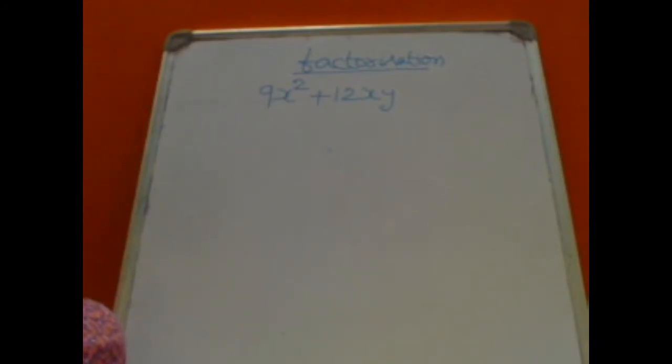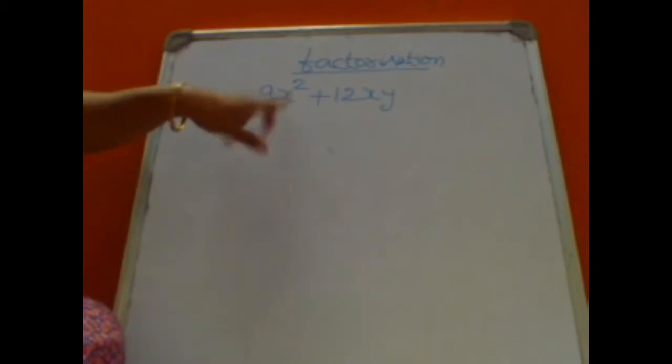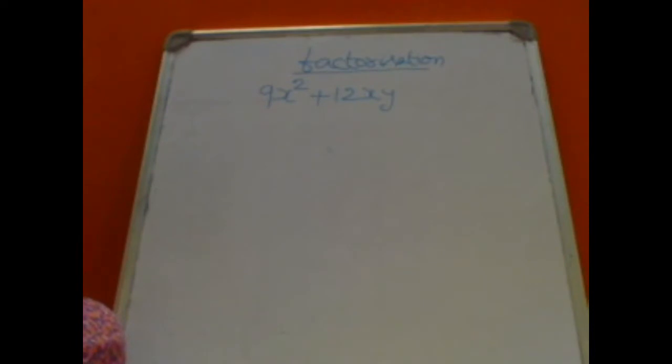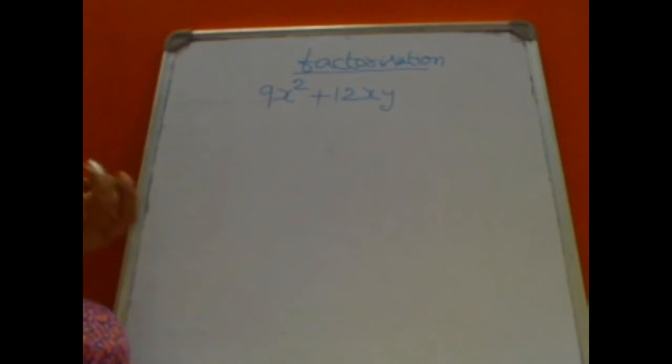When you have to factorize this, you observe that you have numerical constants as well as variables. So 9 and 12 are the numericals, and x square and xy are the variables. The first step is to take the highest common factor of the constants. For 9 and 12, the highest common factor is 3, as all of you know.